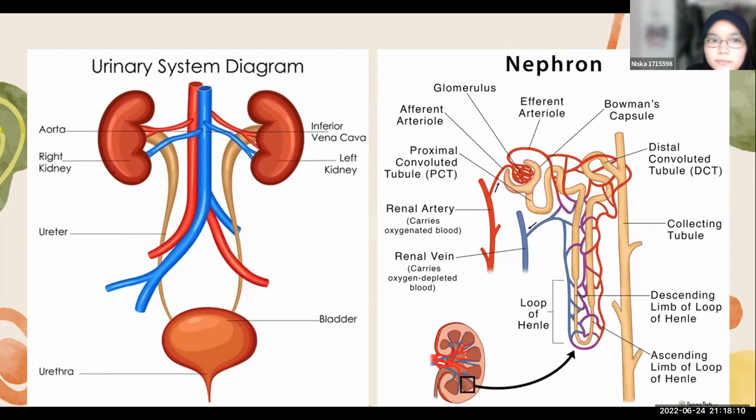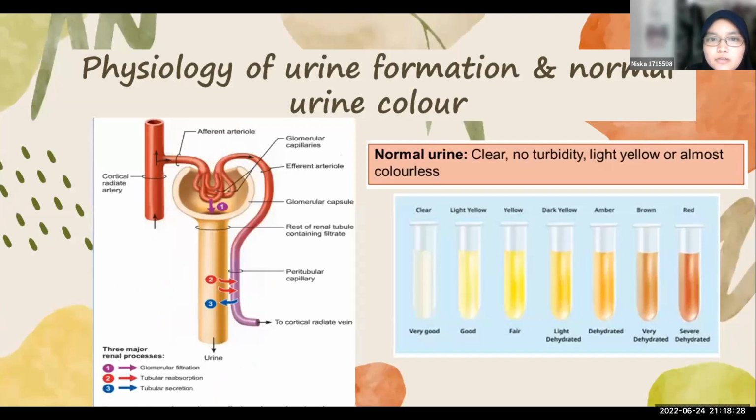And the other component is the juxtaglomerular apparatus, which is a combination of the vascular and the tubular component, and its function is mainly blood pressure regulation and glomerular filtration rate. Next. So how does urine form? It is from three processes, which are filtration, reabsorption, and secretion.